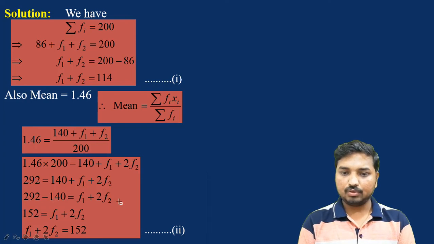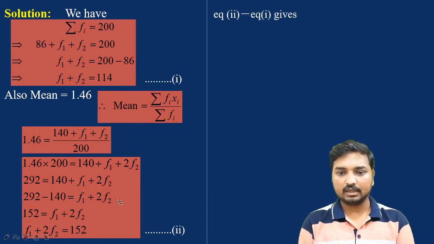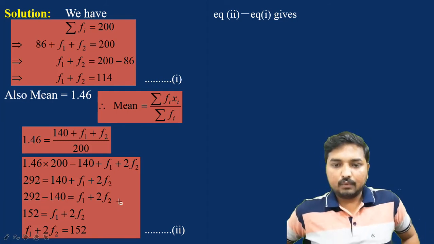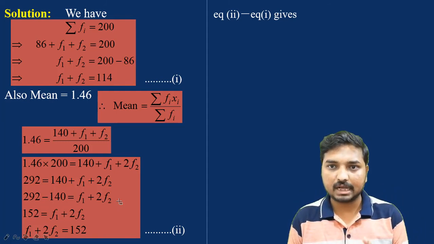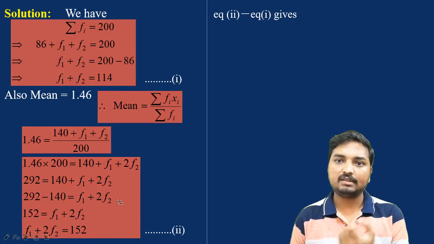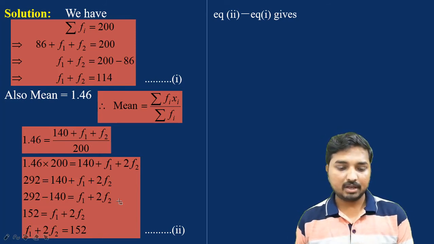So now I'm going to do it like this. Look here, equation 2 and equation 1 are there. I'm going to do equation 2 minus equation 1, which means I'm going to subtract equation 1 from equation 2. So what will it become?